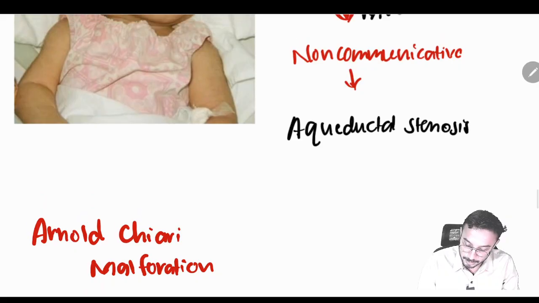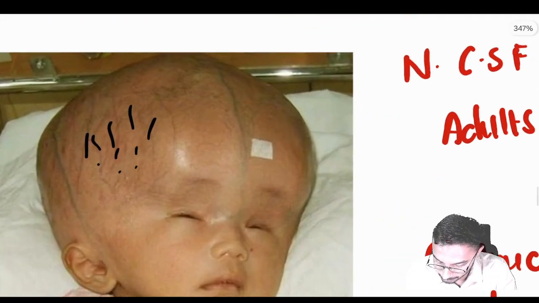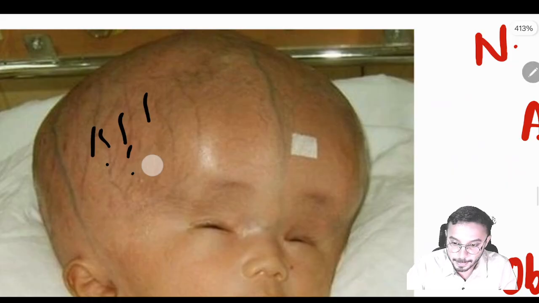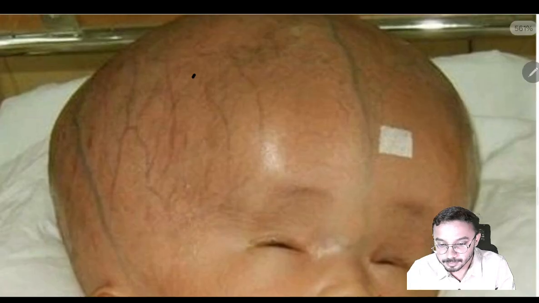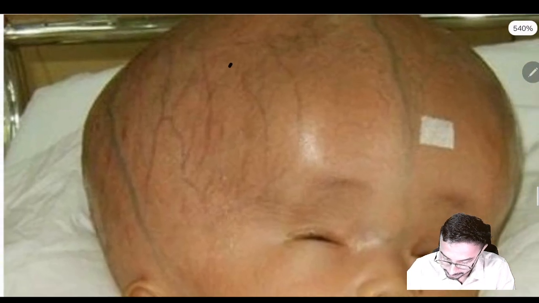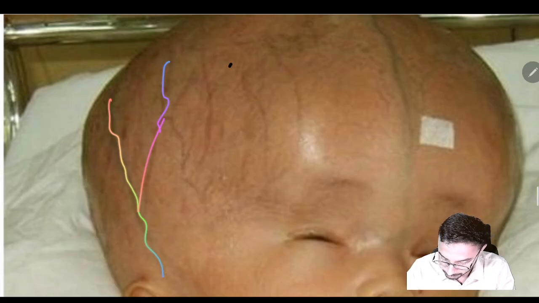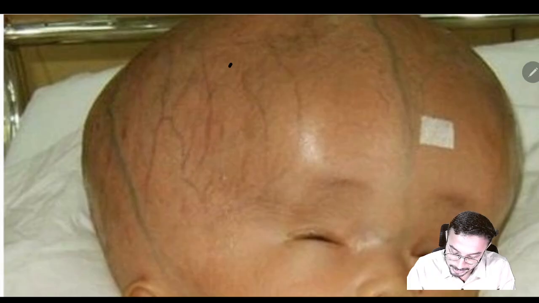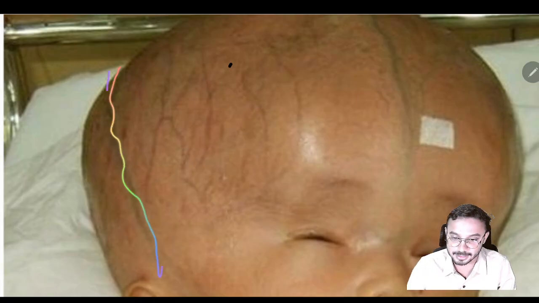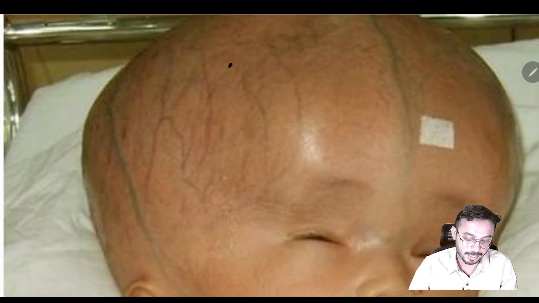And look at this, this is known as dilated scalp veins. I will zoom it for you. You can see these prominent veins, dilated scalp veins.